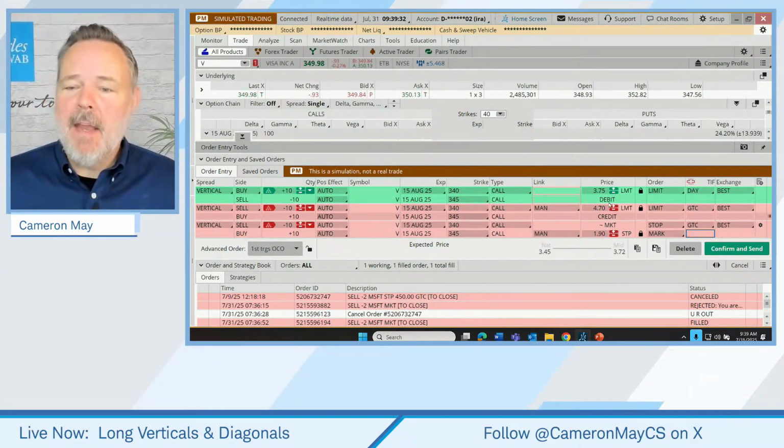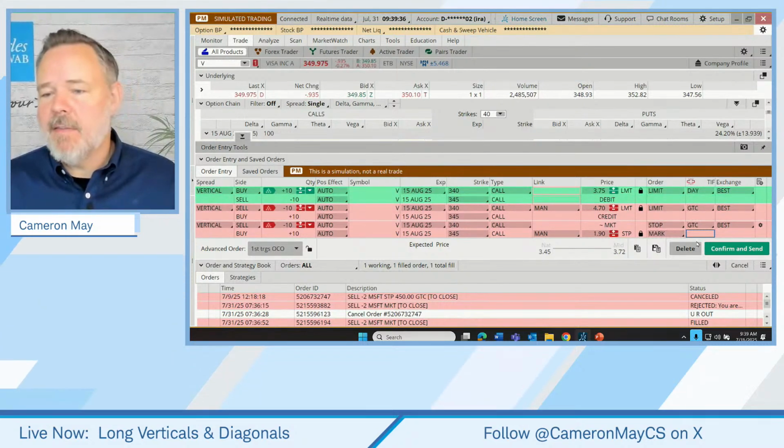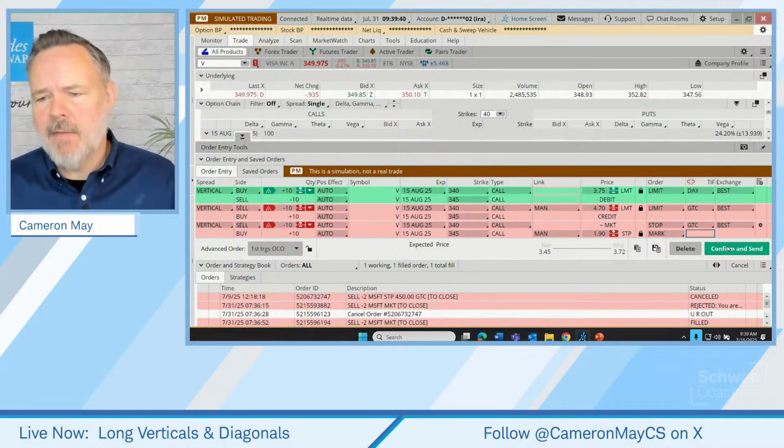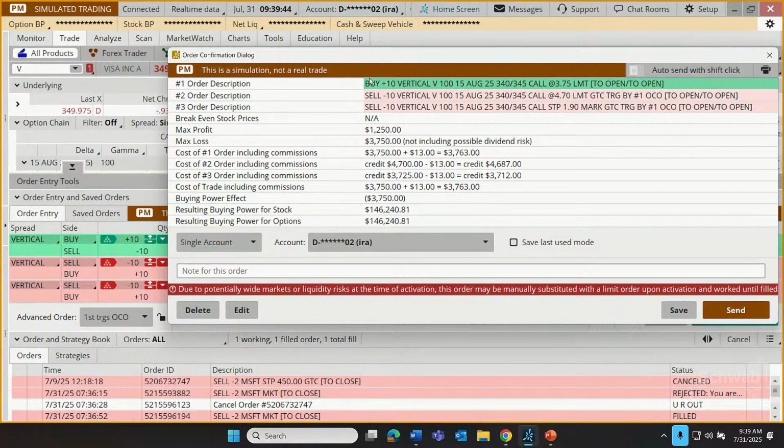Anyway, there we go. We put our trade into practice. Let's do the fun part. This is a paper money trade, so there's no risk here. We're just learning. Anyways, I'm going to click on confirm and send, and let's go back through our trade. We're going to buy 10 of these Visa verticals, buying the 340, selling a 345 call, trying to not spend more than 375.